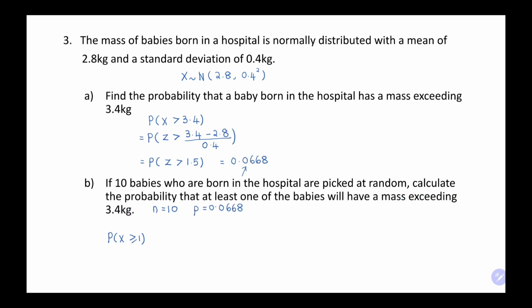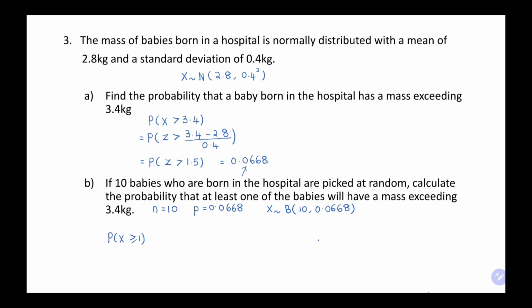Since we have n and p, we use binomial distribution with n 10 and p 0.0668. Then we check, is n times p greater than or equal to 5?